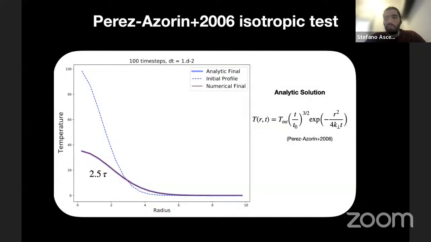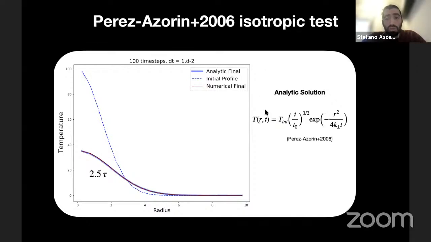Now we want to move toward a more, let's say, quantitative test. We took this test from this paper by Perez-Azorin of 2006. And basically, this is a test where an analytic solution is known, so we can compare the analytic solution to the numerical solution.